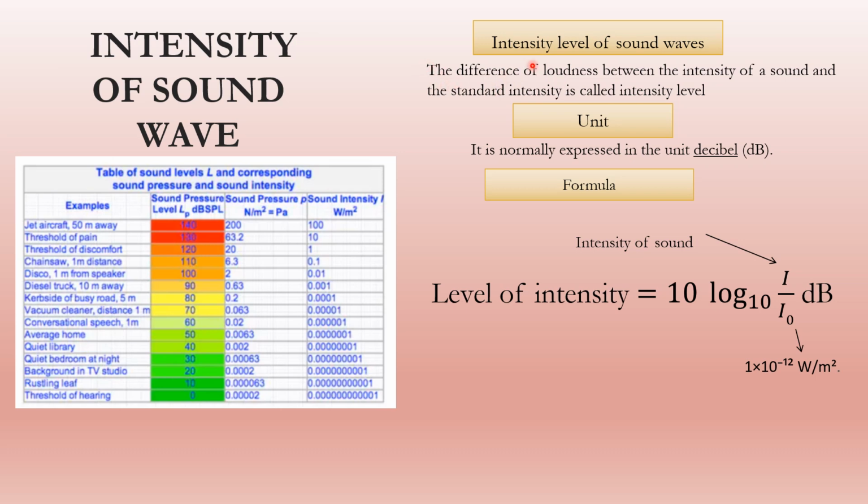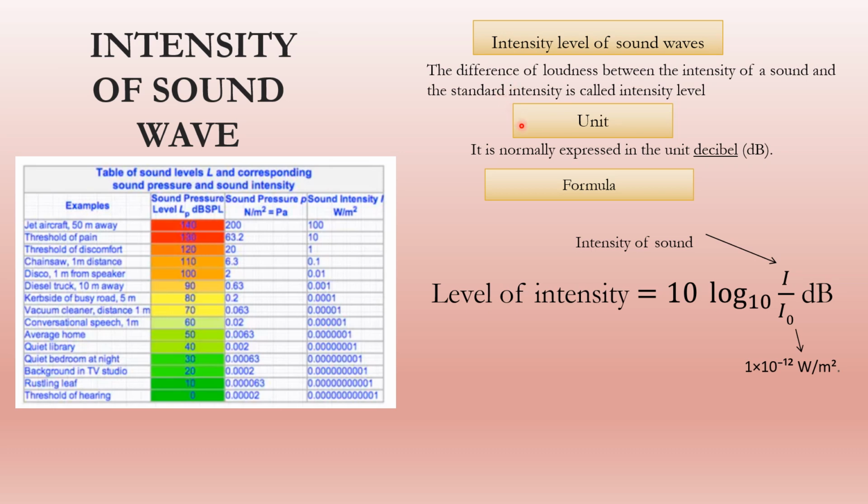It's the difference of loudness between the intensity of a sound and the standard intensity. So that means you are comparing. You see, we need to compare because the word loudness is very, very subjective. We cannot measure how loud a person is or how soft a person is. But we can differentiate the loudness by comparing the loudness between the intensity of a sound and the standard intensity, and this is called the intensity level.